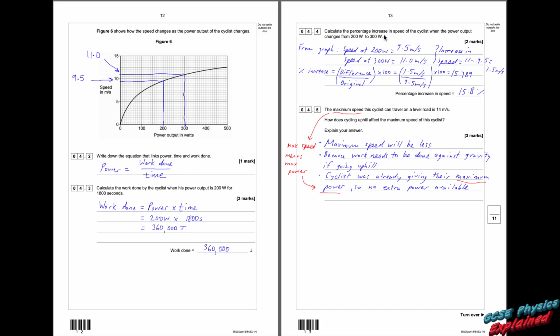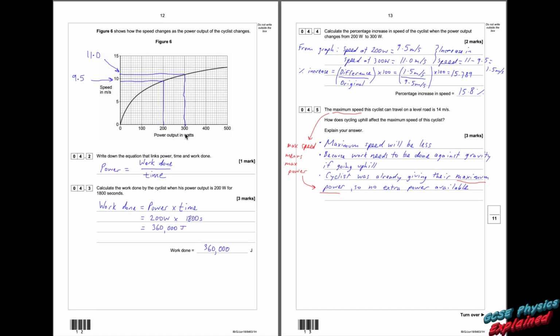Part 4. Calculate the percentage increase in speed of the cyclist when the power output changes from 200 watts to 300 watts. It's quite a big question just for 2 marks. So we need to use the graph. So if we look at the power of 200 watts, that is a speed of 9.5 meters per second.